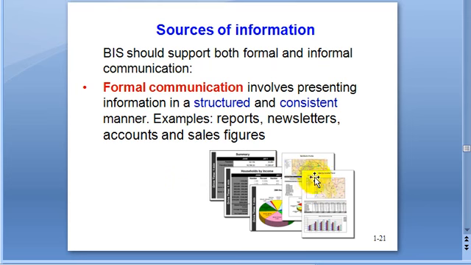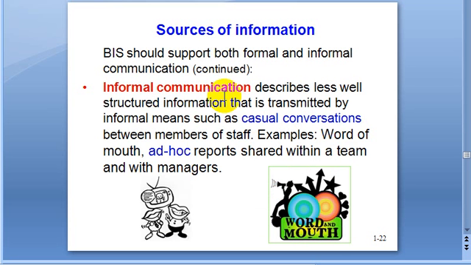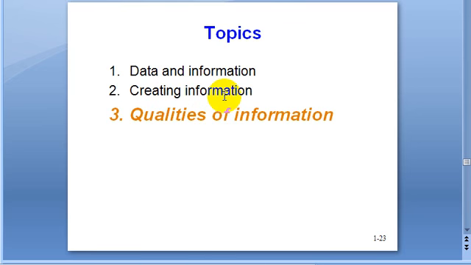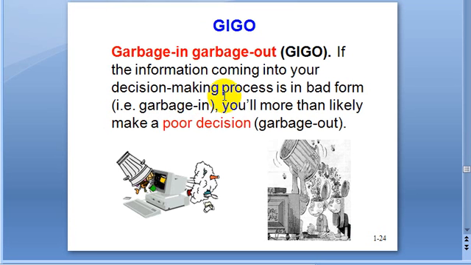And then source of information. We have formal communication, structured, consistent news reports. Informal, maybe casual conversation, ad hoc report. So it's irregular. Okay, third topic, quality of information.